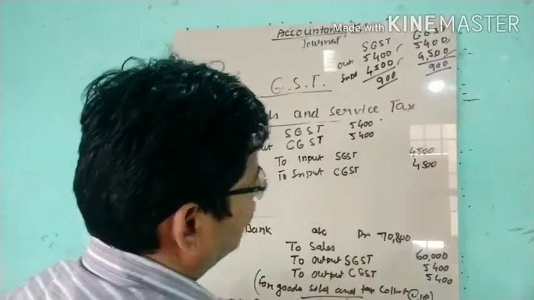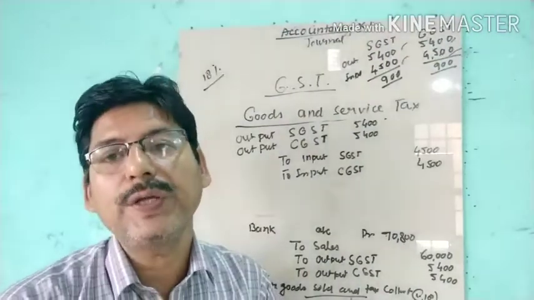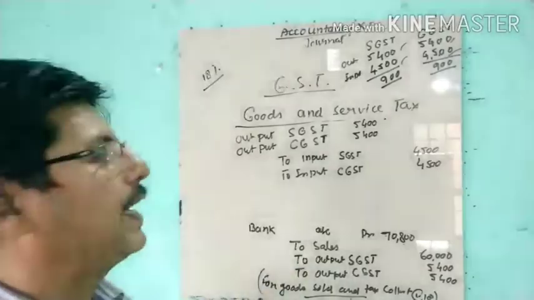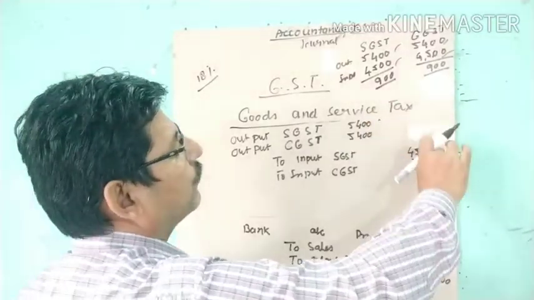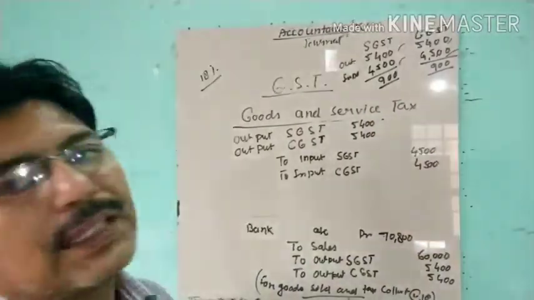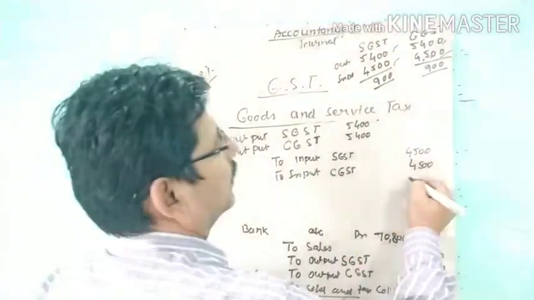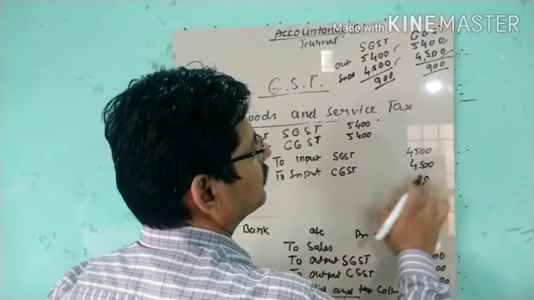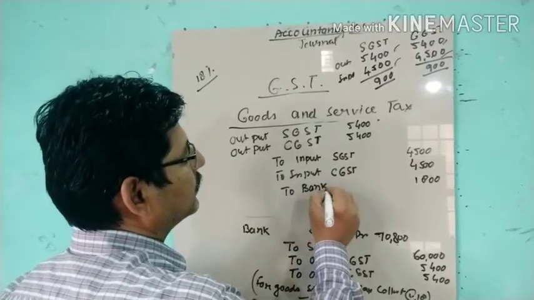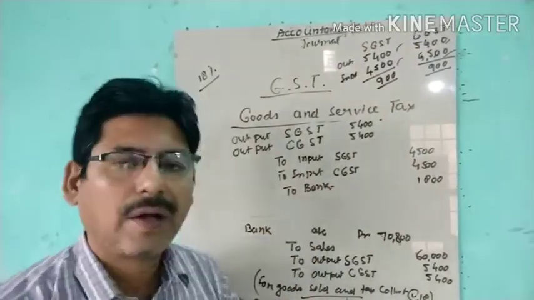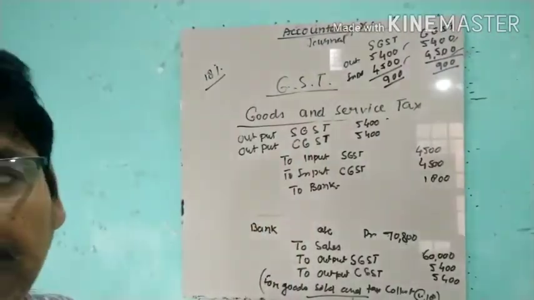Now how much amount remained? That is to be deposited into the bank as tax. So out of this 10,800, 9,000 has been adjusted. How much remained? That remained 1,800. 1,800 will be to bank. Okay, this is the journal entry for this.